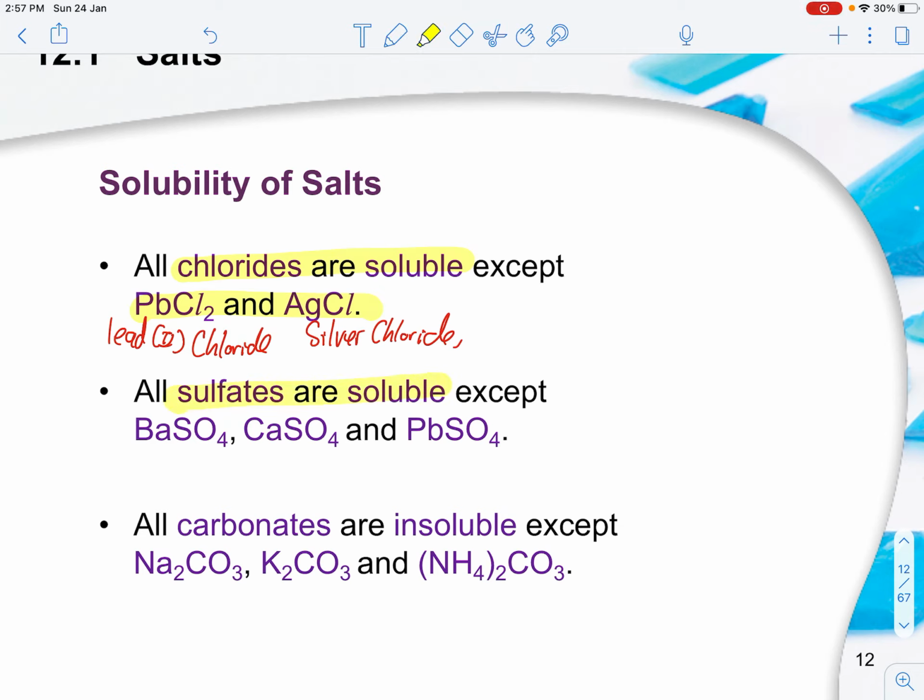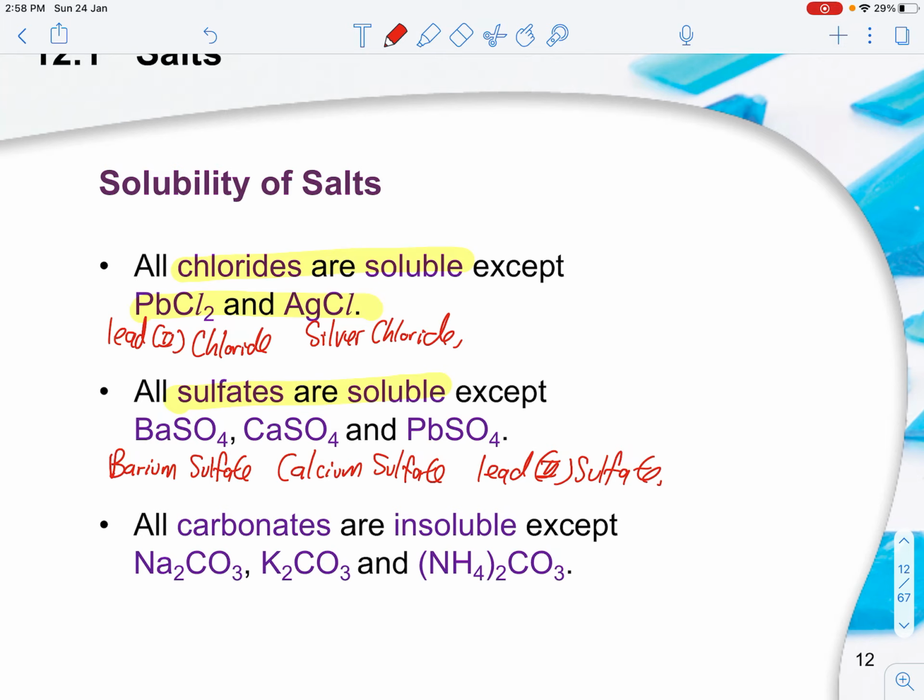All sulfates are also soluble except BaSO4, CaSO4, and of course PbSO4, which again is your barium sulfate, calcium sulfate, and of course your lead 2 sulfate.